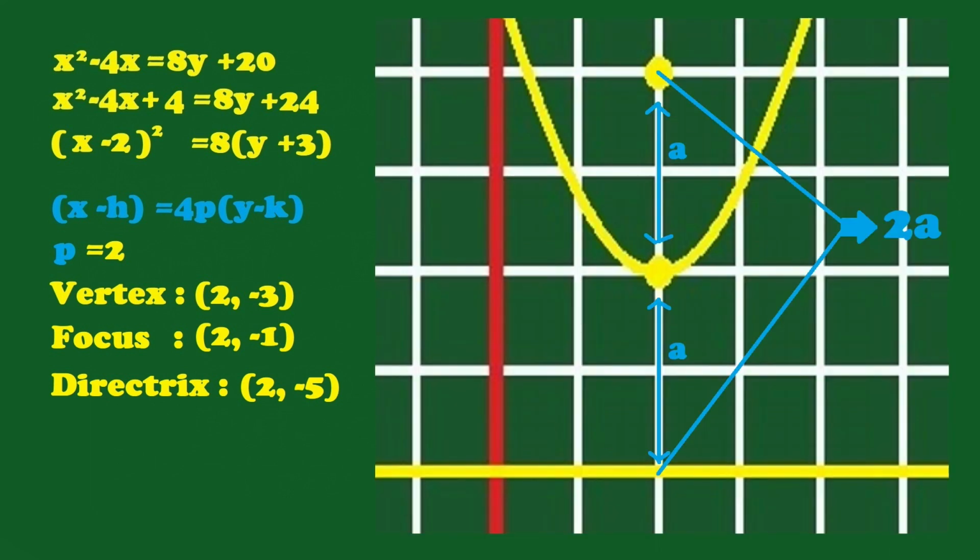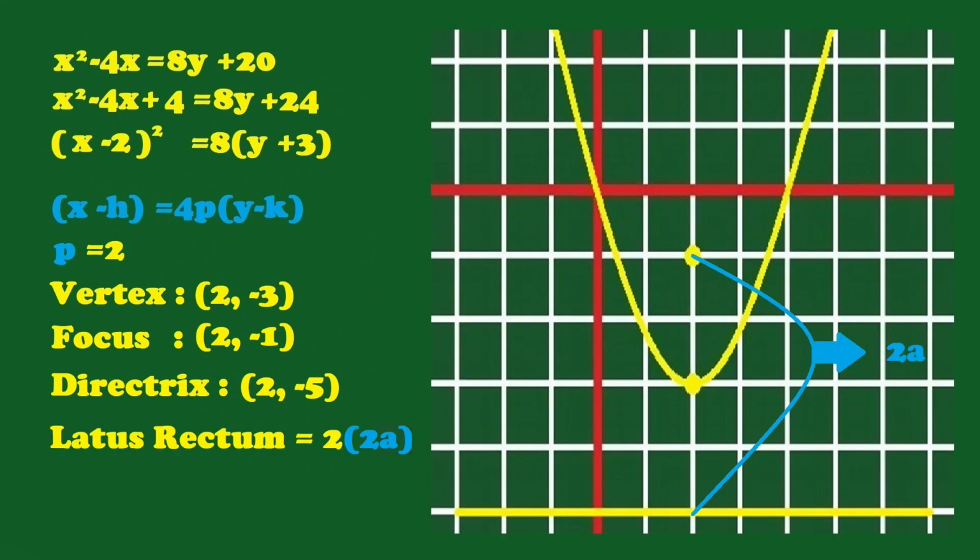Now, we can call the distance between the vertex and the focus a. It's also the same distance between the vertex and the directrix, so the distance between the focus and the directrix is 2 times a. The latus rectum is a line stretching from both sides of the parabola, passing through the focus. The distance between the focus and one side of the parabola is 2 times a, as shown in the blue line.